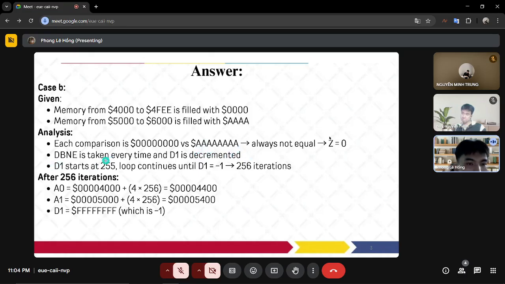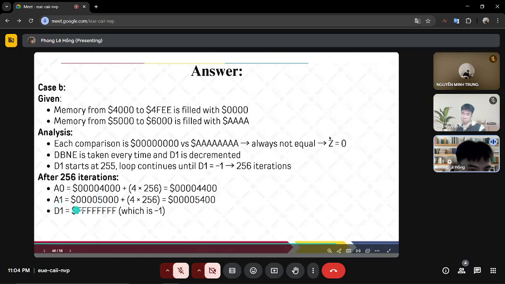D1 starts at 255, and the loop continues until D1 equals -1. That means 256 iterations. After the 256 iterations, we have A0 and A1 at their final values, and D1 is -1.